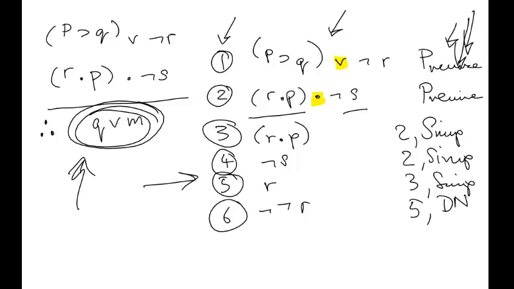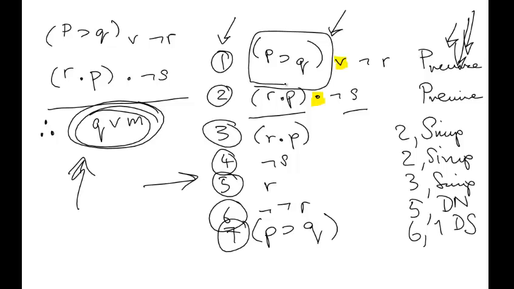On line 6, by double negation, I got not R from line 5. Now, why did I do that? Well, I did that because I wanted, on line 7, P then Q from lines 6 and 1, by disjunctive syllogism. Just to explain that, I knew I needed P if P then Q, right, on a line by itself.